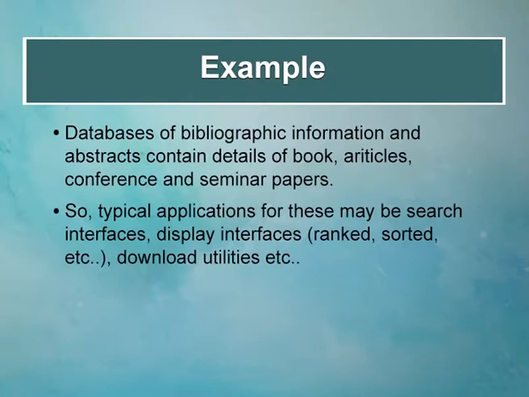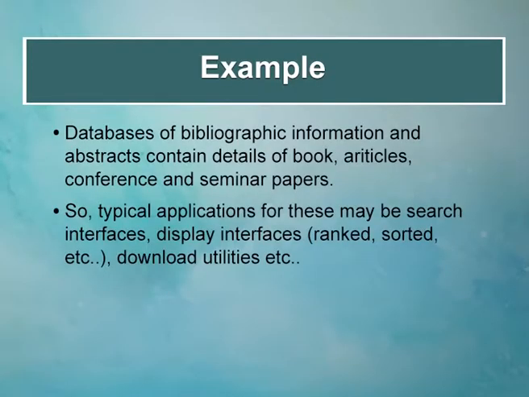If the user is asking for rank-wise results, then the searched results should be displayed rank-wise, or sorted, like year-wise. If the user is asking for download utilities, then content download utilities should be provided. So, depending upon the type and nature of the database, the applications, interfaces and utilities will be provided.